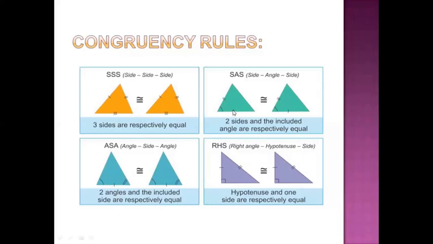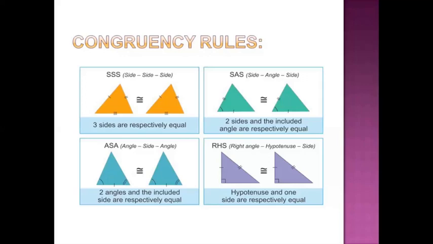So if the first side of the first triangle is equal to the first side of the second triangle, and the angle in between the two sides is equal in the second triangle as well, and the second side of the first triangle and the second side of the second triangle are equal, then these two triangles are said to be congruent to each other.